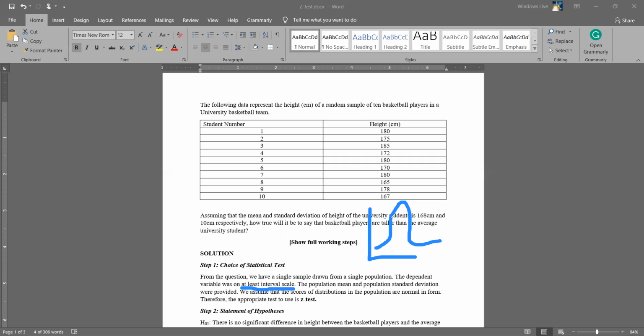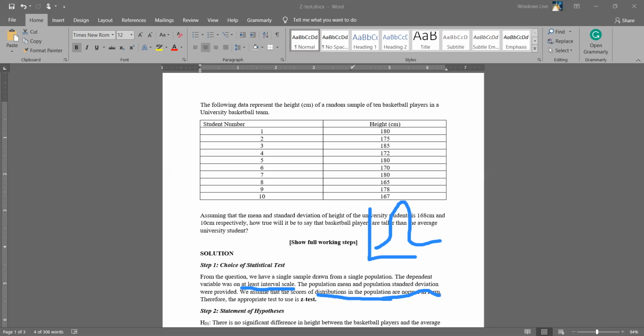And we've been able to decipher that this scale of measurement is on ratio. So hence, whatever test we'll be using is a parametric test. So z-test is a parametric test. And since it is a parametric test, we are supposed to also assume that the scores are on a normal curve distribution. So that is what we've indicated here.